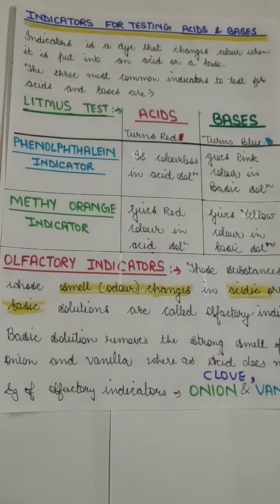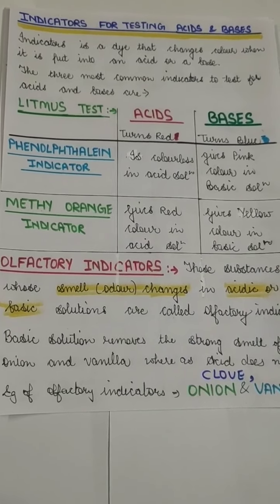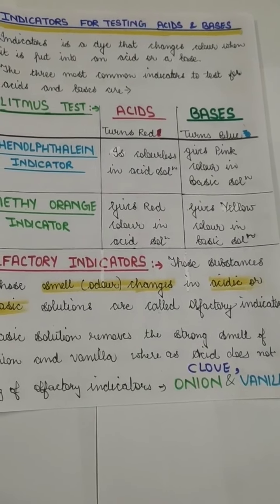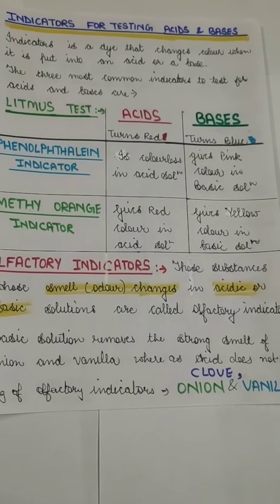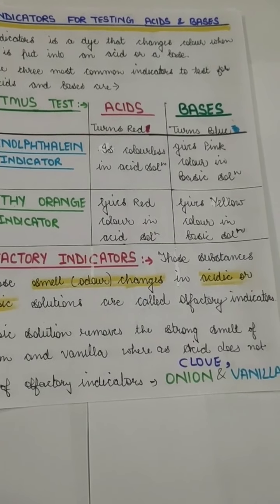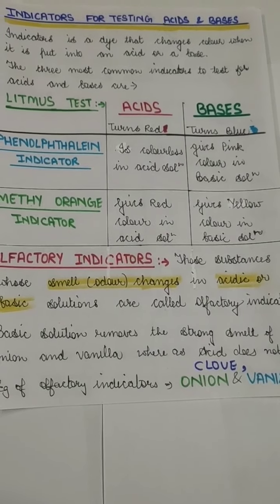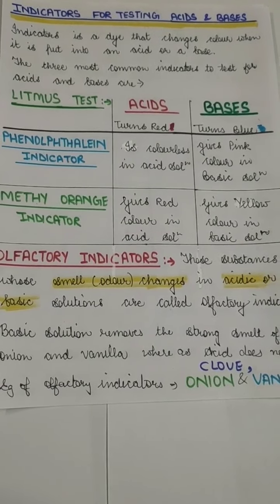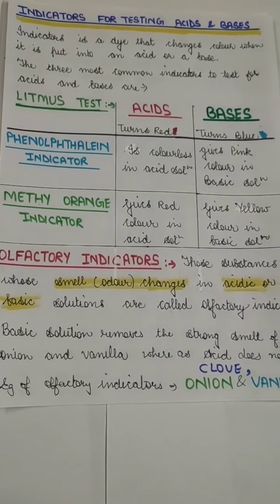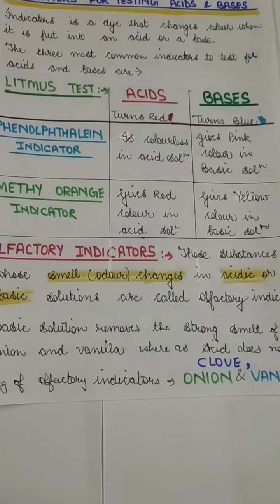If we take a vanilla extract, it has a very pleasant smell. Again, we'll do the same thing. We put some basic solution, sodium hydroxide, on a strip having vanilla extract, and some hydrochloric acid on another strip with vanilla extract.